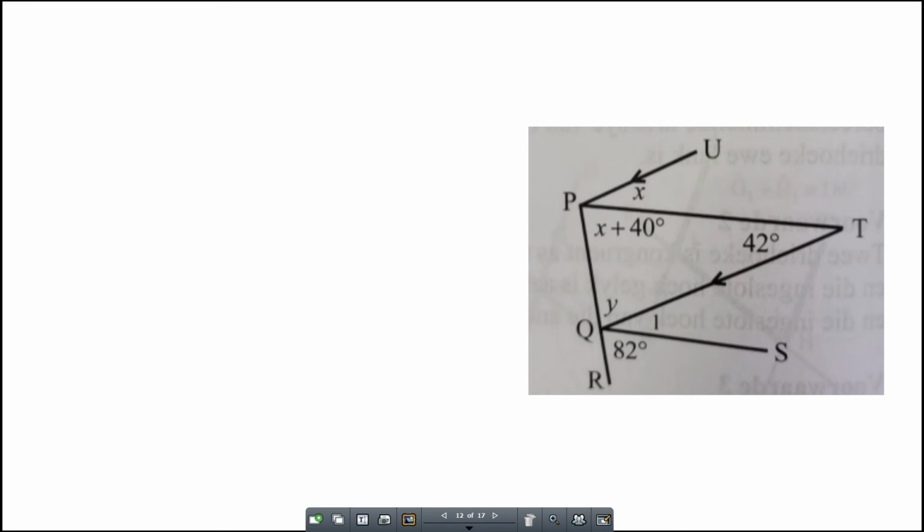We've got to prove that PT is parallel to QS. So PT parallel aan QS. Okay, so om dit te bewys, we're going to try and prove either alternate angles or corresponding angles or co-interior. Nou, hulle geef my daai X en Y vir 'n rede. So where do we start? We will say.